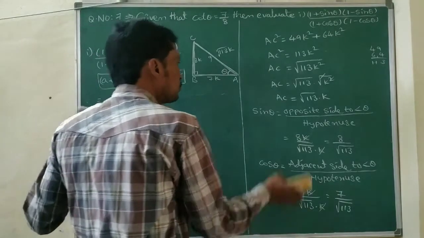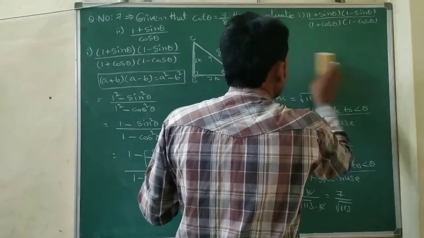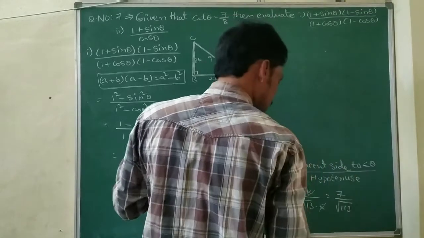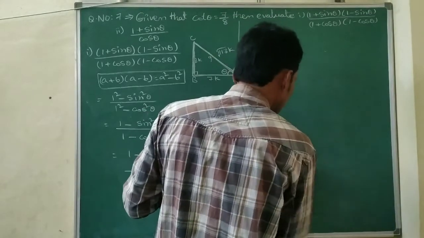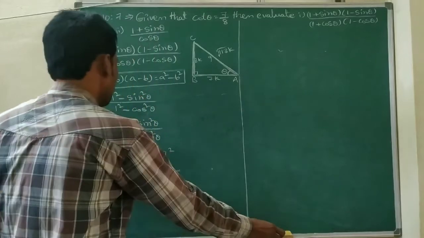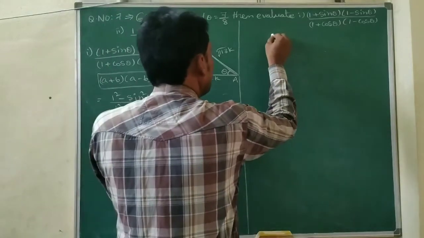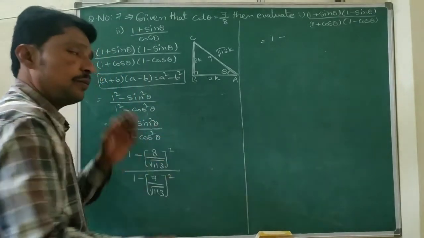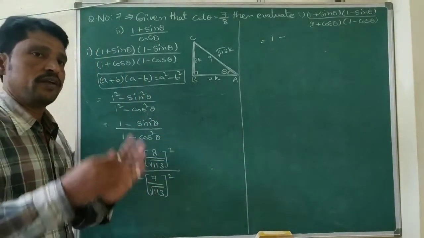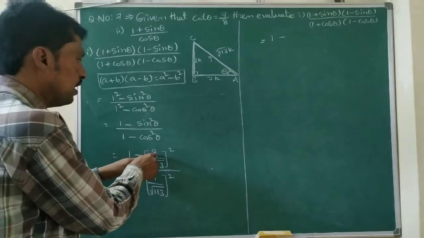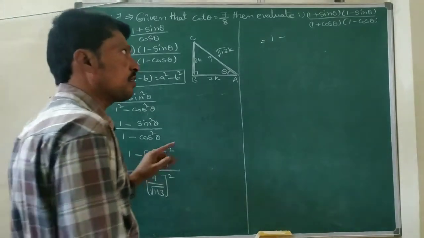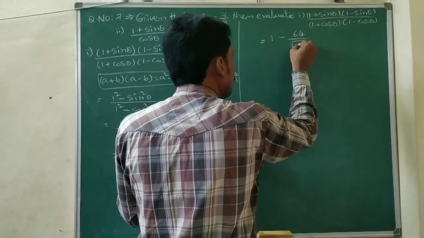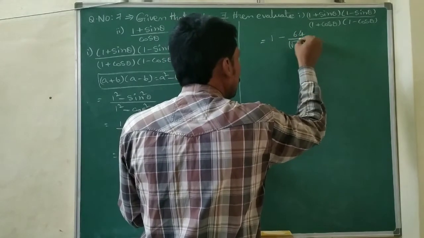Now, 1 minus (a by b) whole square type. (a by b) whole square means a square by b square. So a square means 8 square. 8 square value is 64 by (under root 113) whole square. Square root gets cancelled.